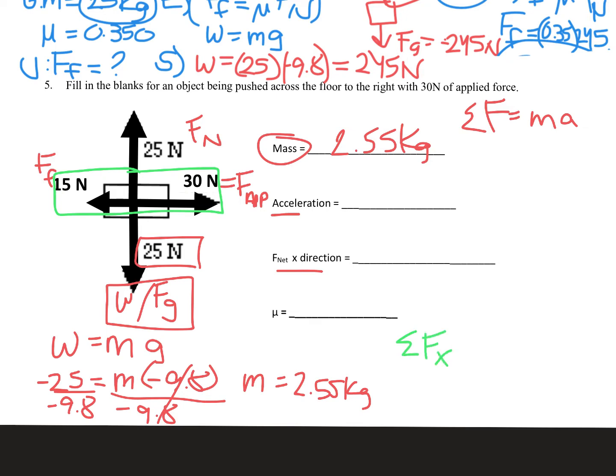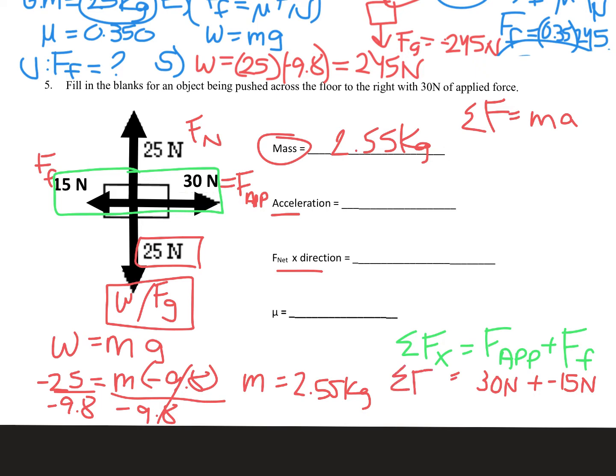Net force in the x direction, so I use sigma F, is going to be the applied force forward plus the force of friction, which is backwards. So if I want to find my net force, we're just adding up all the forces in the horizontal direction. So force applied is 30 newtons, and force of friction is 15 newtons, but remember it's backwards, so it's going to be a negative.